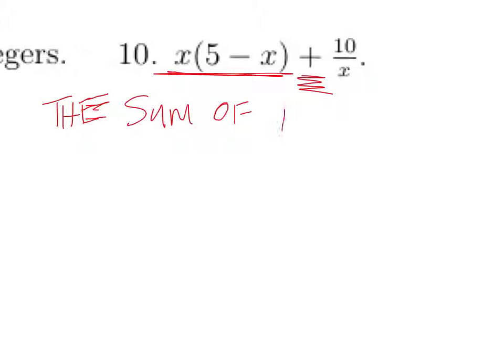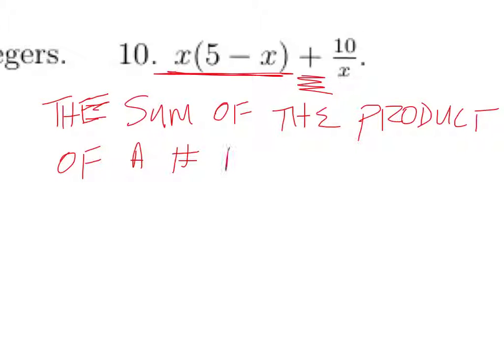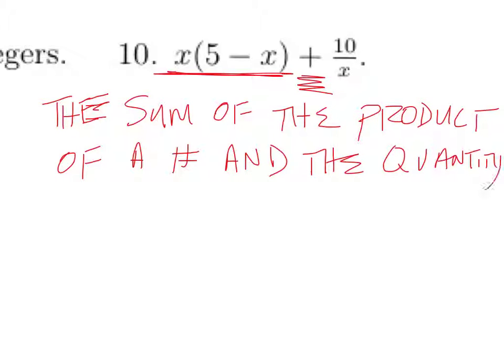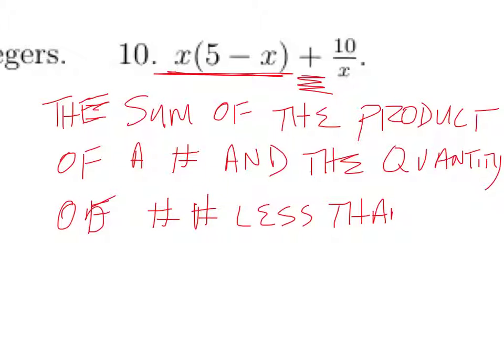The sum of the product of a number and the quantity of, I put a 5 instead of f, quantity of a number less than 5. Or you could break that up as a difference.